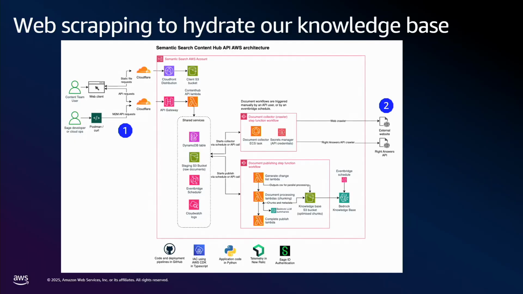So we built a crawler to scrape that website and ingest all of the information into S3, and we can sync that on a manual or an automatic schedule. What this does is give us the ability to respond to updates to the help content as and when Intacct need us to.